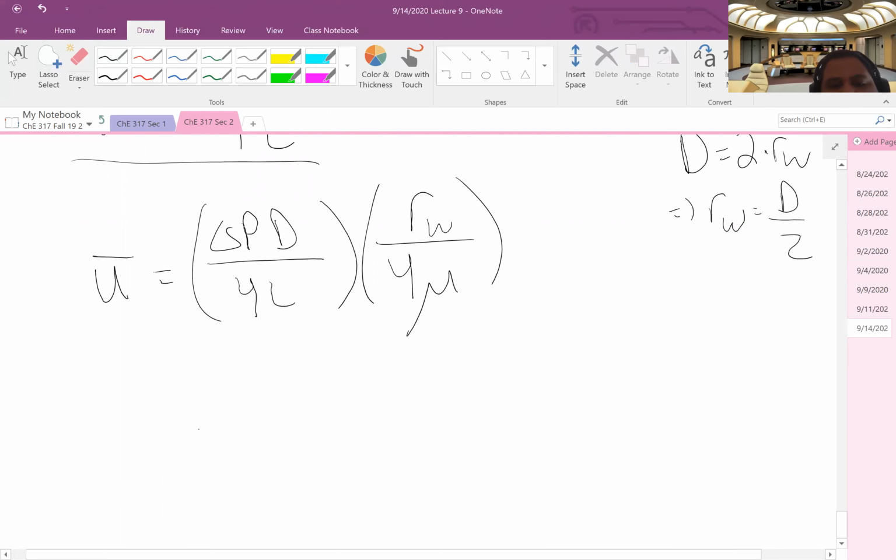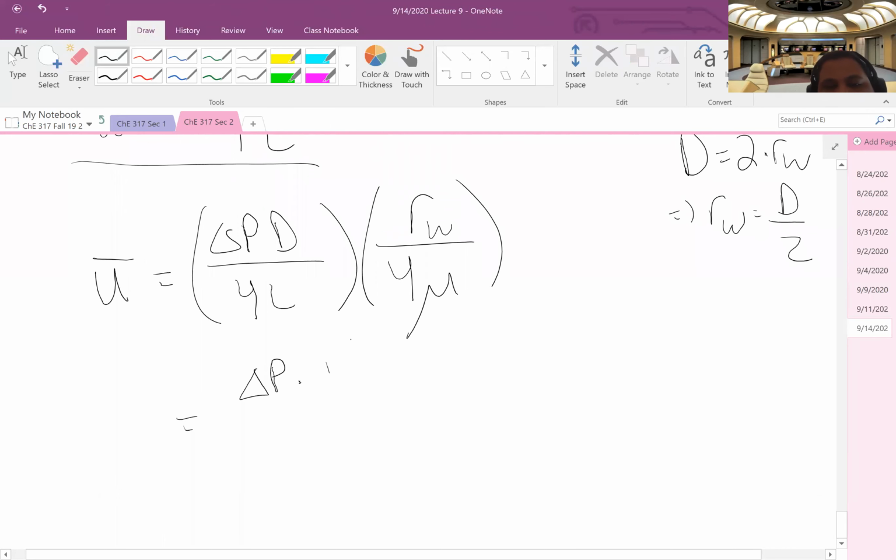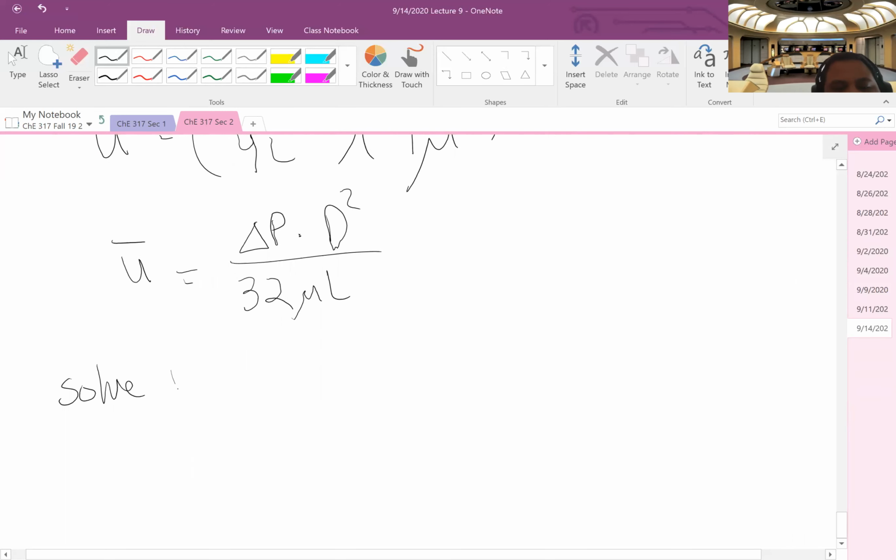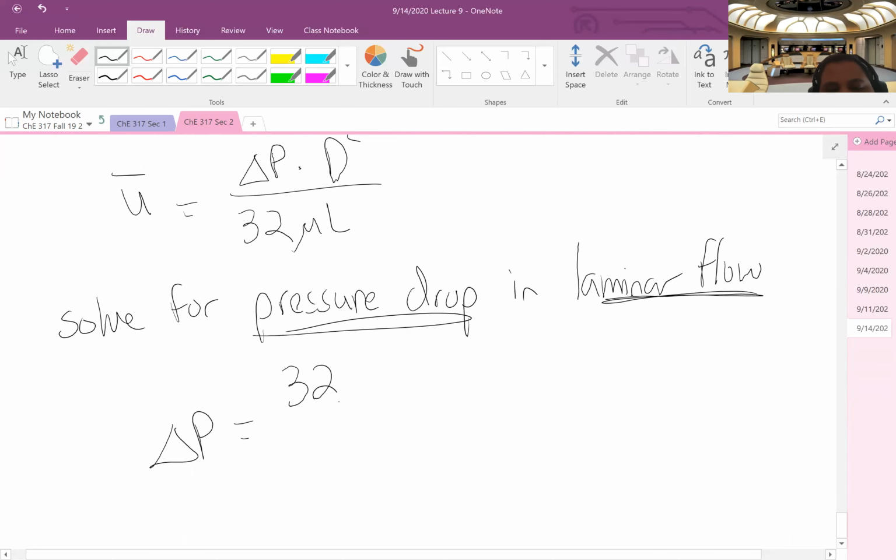So if I plug that in, I have delta P times d squared divided by 32 mu L is equal to my velocity. Now if I want to solve for pressure drop in laminar flow, I just rearrange the expression. I have delta P is equal to 32 U mu L over d squared.